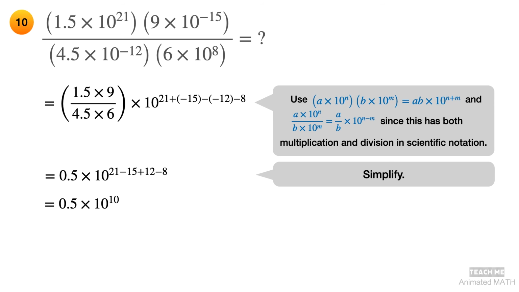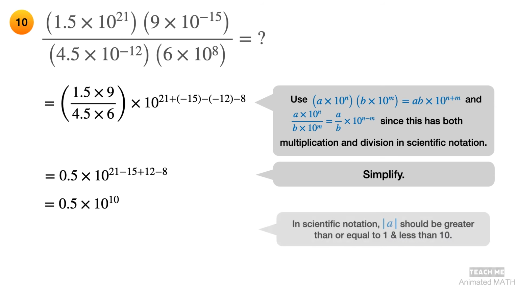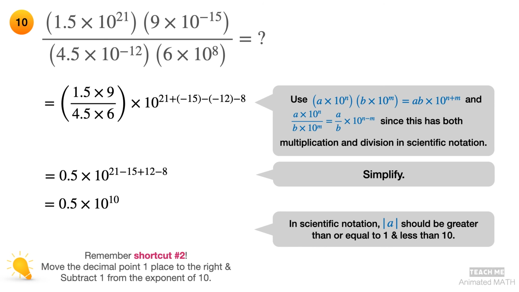Simplifying it will give you 0.5 times 10 raised to 10. But wait! 0.5 is less than 1. This means that it is time for you to apply shortcut number 2 to convert the number into scientific notation. And the final answer is 5 times 10 raised to 9.